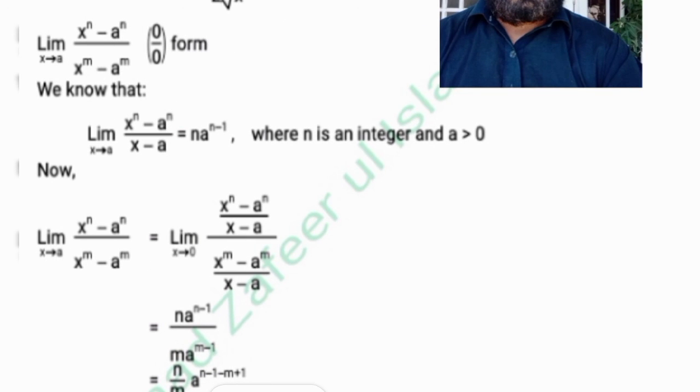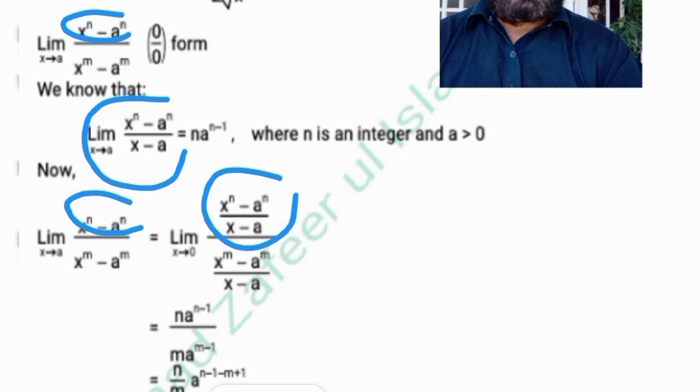As there is x power n minus a power n, but the requirement of the formula is x minus a in the denominator, and as we have no x minus a in the divisor, we will divide numerator and denominator by x minus a. x minus a and x minus a will be cancelled and the question will be the same.